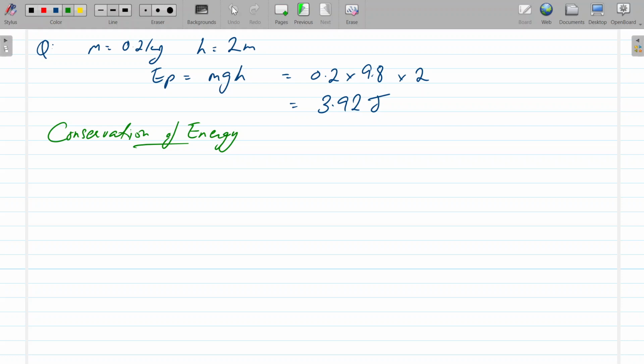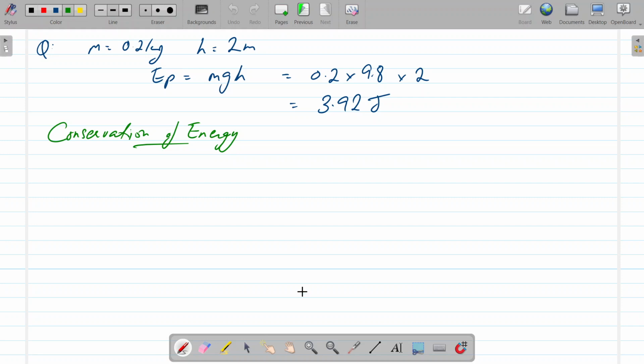If I just put in a diagram over here, then this is an object here and here. It's the same thing, just at two different heights.